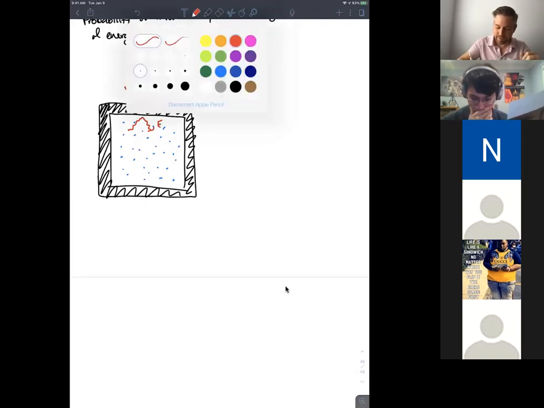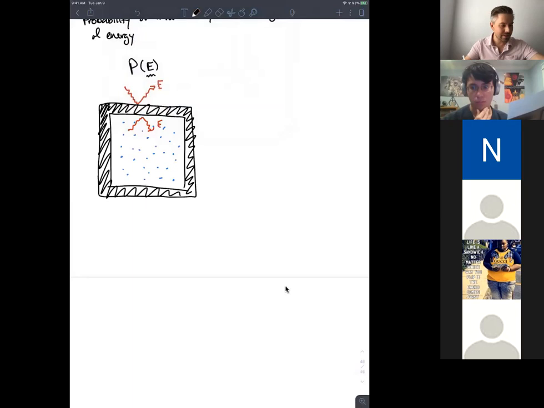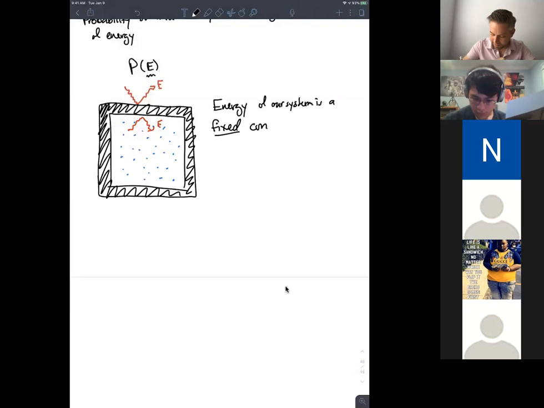So in other words, the energy of our system is a fixed constant. The energy does not change.